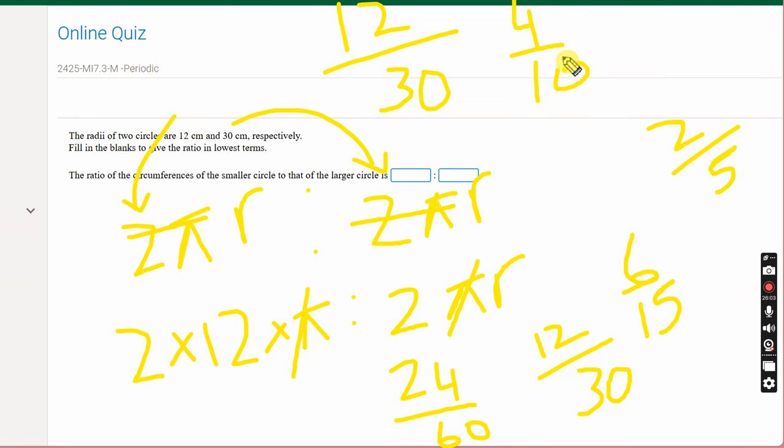Again, divide by 2, you'll get 2 over 5. The same thing. So you can cancel 2 pi and 2 pi. What is left behind? The radiuses only. Then you can just put them in the numerator and denominator, however they have told you. Circumference of the small circle comes first and then the larger circle. And then you get the answer, 2 over 5.